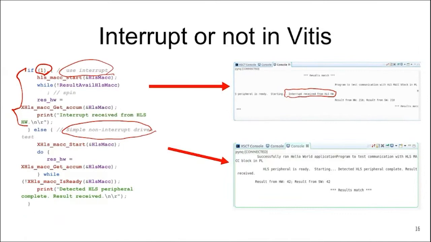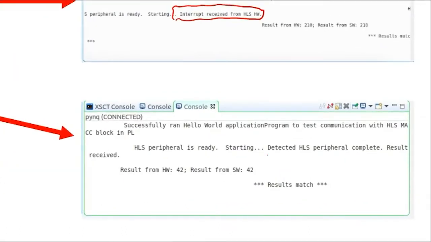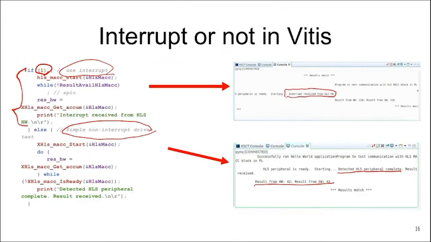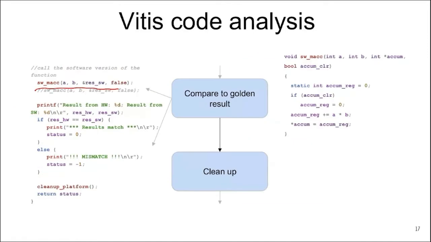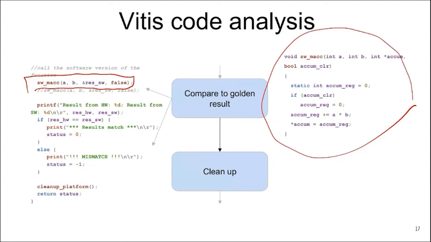If you choose not to use interrupt service, then you will have to poll in your function, and here you will say, okay, I detected complete and the result here. First we get the hardware result, right? So we have to check with the golden result here. We have a software MAC here to validate our design. Here is the software version. Then if it matches, you will say match, and if not, you will say mismatch. Okay?